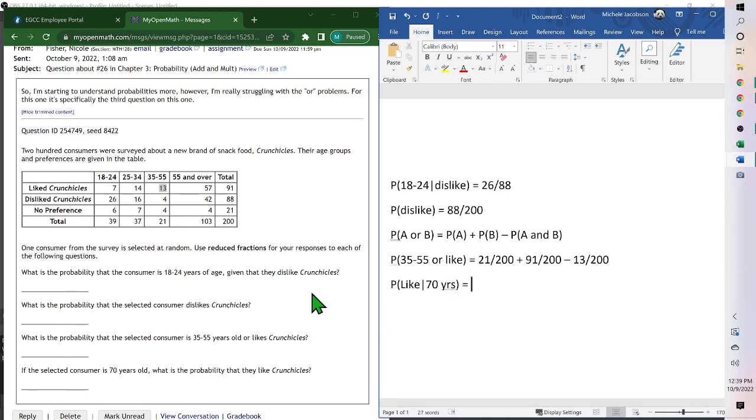If we're given 70 years old, then we would be using the 55 or older, and that they like it was 57 out of the 103. So if we knew they were 70 years old, we know they're in only this column. So we only use these 103. So it's 57 out of 103.